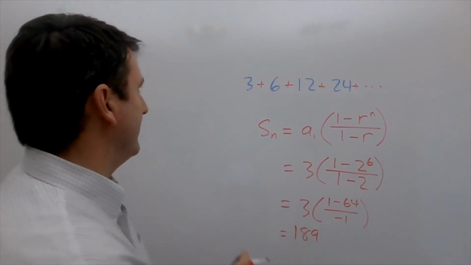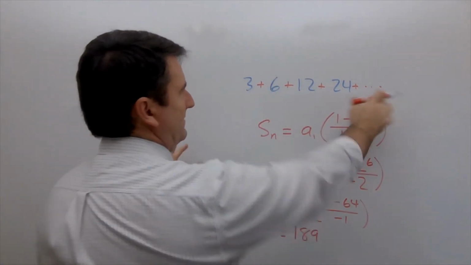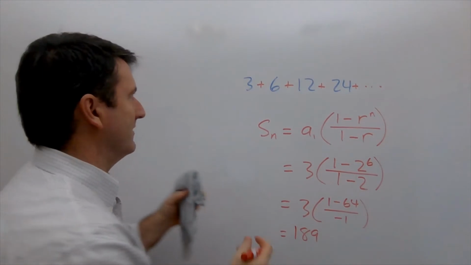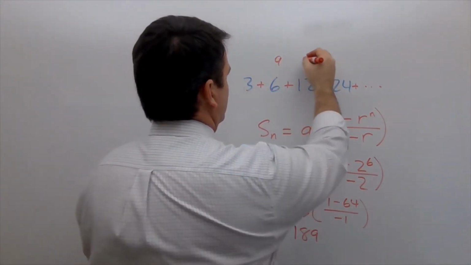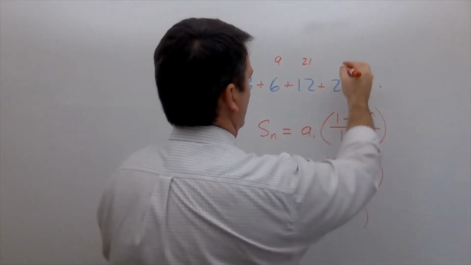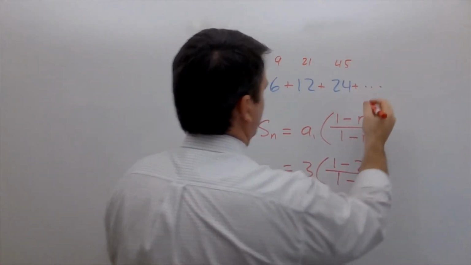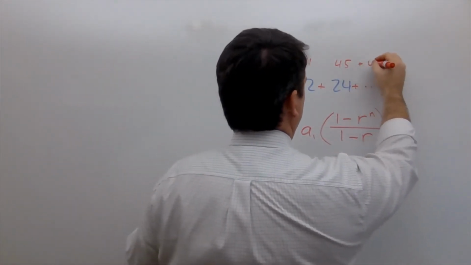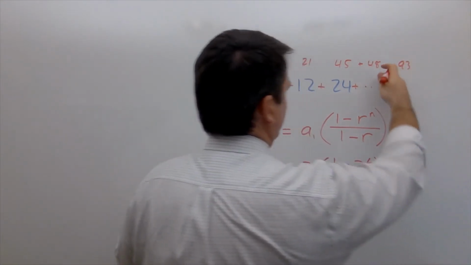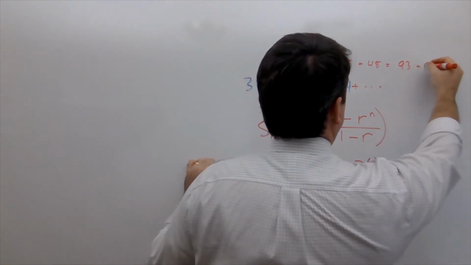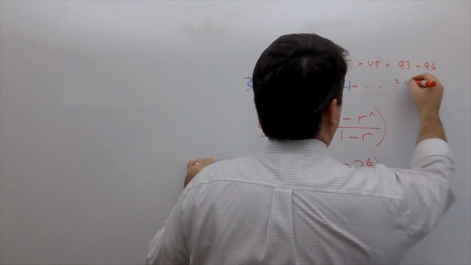And we can check that, since 6 is not too hard for us to check. 3 plus 6 is 9, plus 12 is 21, plus 24 is 45. The next term would be 48, plus 48 is 93. The next term would be 96, so plus 96 is going to be 189.